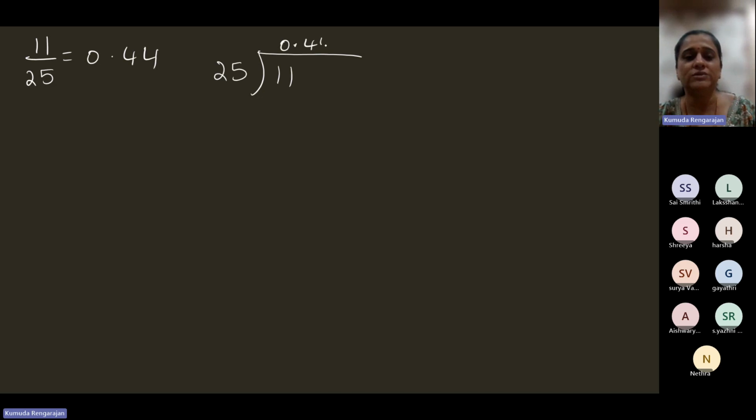Terminating meaning, as the word says, it stops, it ends. The quotient 0.44 has a finite number of digits. You can count them: 0.44, that's all. A terminating decimal, because the division has come to an end with a zero remainder.